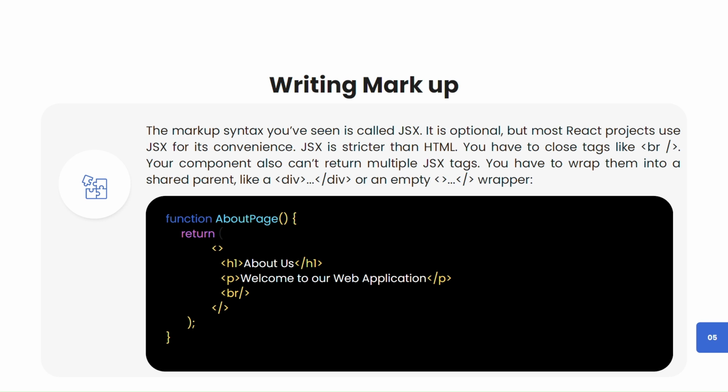Okay, and then remember, a React component can only return a single JSX markup. But then how do you return multiple lines? Okay, so in order for you to return multiple lines, as you can see here, I have used these tags, the opening and the closing, these empty tags.